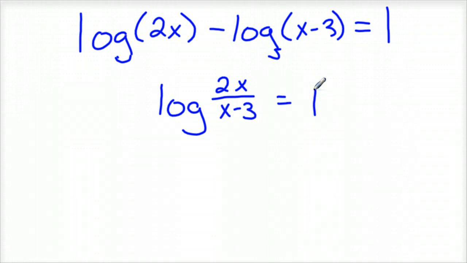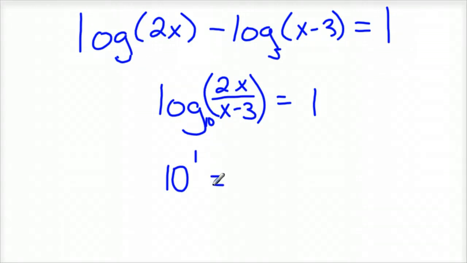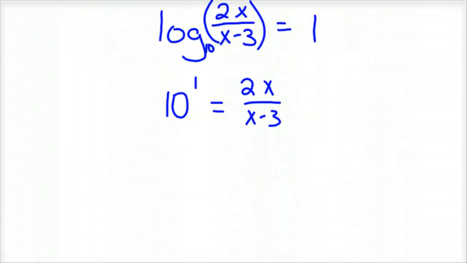So, I mean, that's it. And remember, common log has a base 10 there. And so now when you convert that to an exponent, 10 to the first power equals 2x over x minus 3. And we can solve this pretty quickly now. 10 to the first is just 10. This is really 10 over 1 equals 2x over x minus 3.